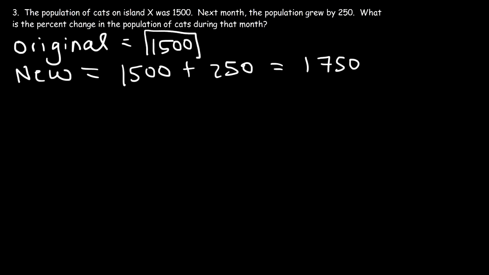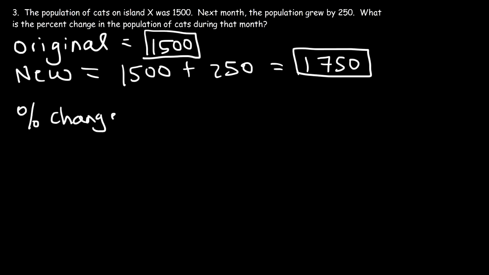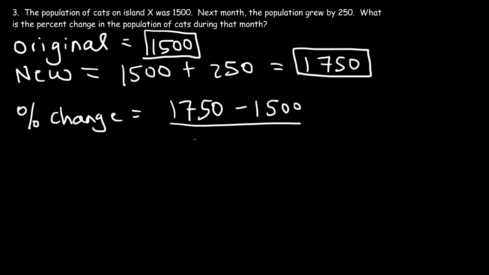So we need to use these two numbers in the formula. So now let's calculate the percent change. It's going to be the new value of 1,750 minus the original value of 1,500, which will equate to 250, and then divided by the original value. So 1,750 minus 1,500, that is the change. That's the 250 that we had at the beginning.